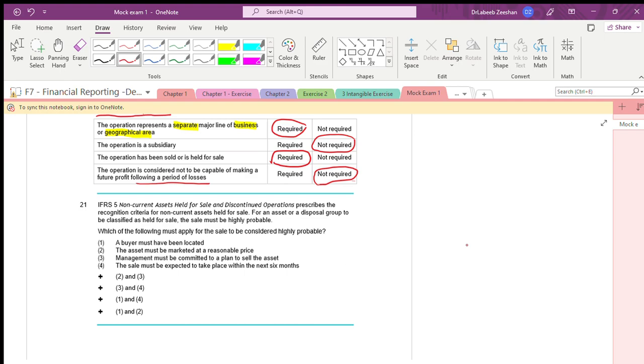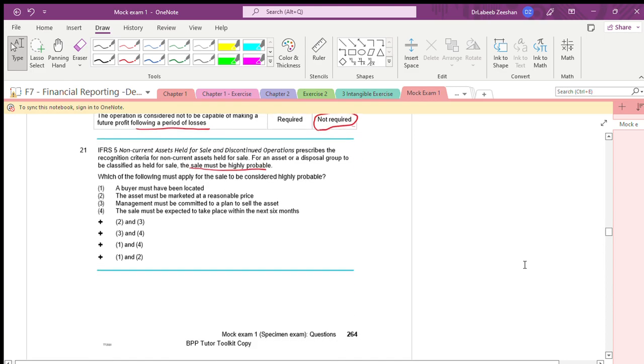For an asset or disposal group to be classified as held for sale, the sale must be highly probable. Just now we have covered this in the points. Which of the following must apply for the sale to be considered highly probable?